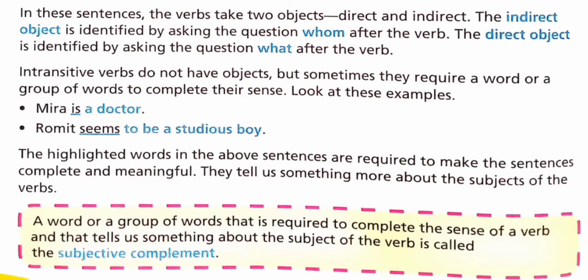Intransitive verbs do not have objects, but sometimes they require a word or a group of words to complete their sense. Example: Meera is a doctor. Romit seems to be a studious boy.